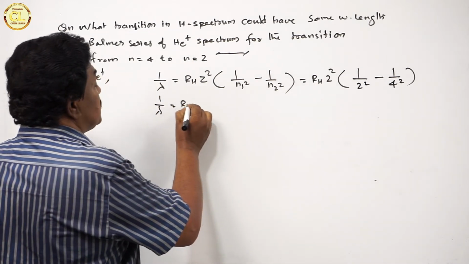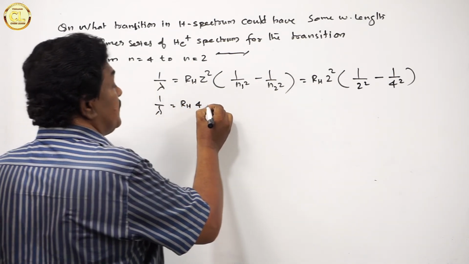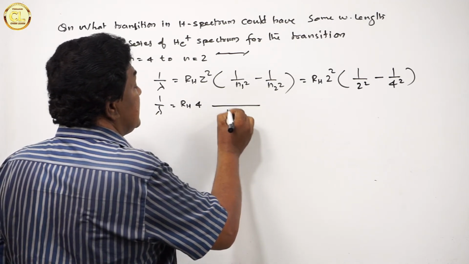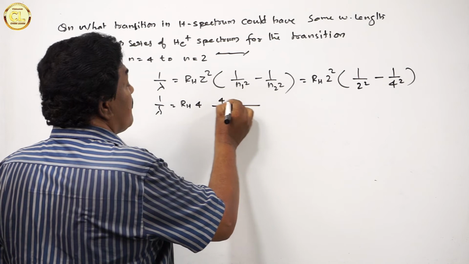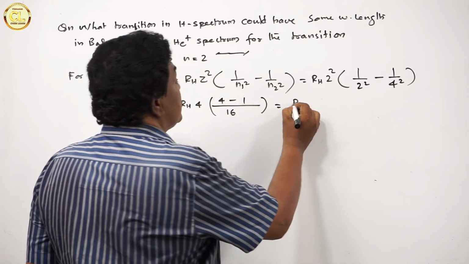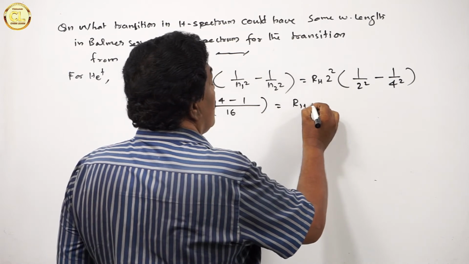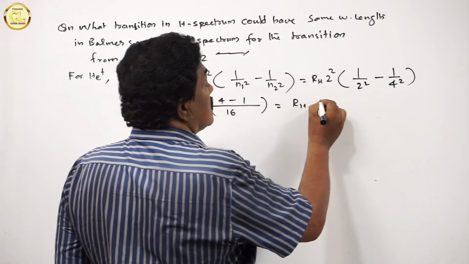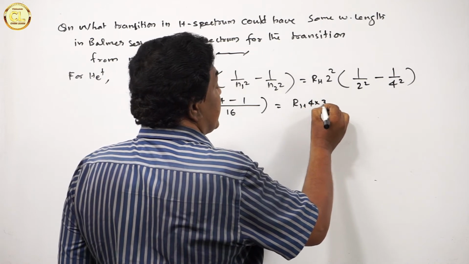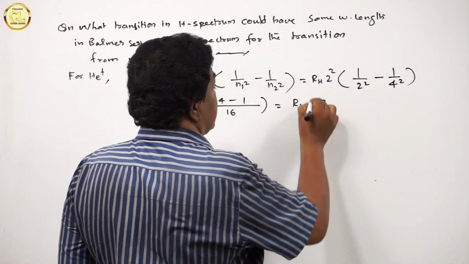So this is 4. So R_H into 4 into, so this is 16 and this is 4 minus 1. Therefore, R_H into 4 into 3 by 16.